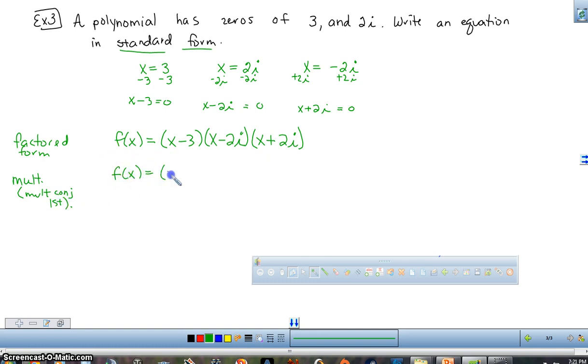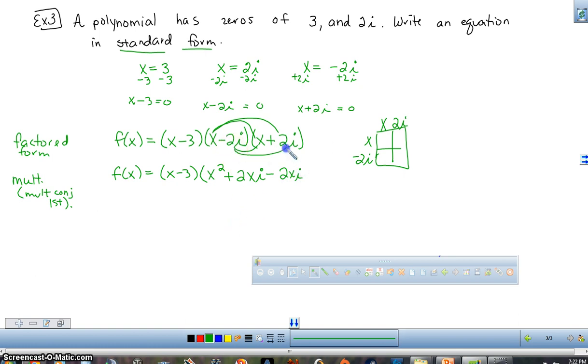So x minus 3, and now I'm going to multiply these together. You could do the box if you want to. It's just an organizer, that's completely up to you. Or you can just FOIL, distribute. So x times x, x squared, x times 2i, 2xi. Yes, that's a thing. And then negative 2i times x. And then negative 2 times a positive 2i is a negative 4i squared.